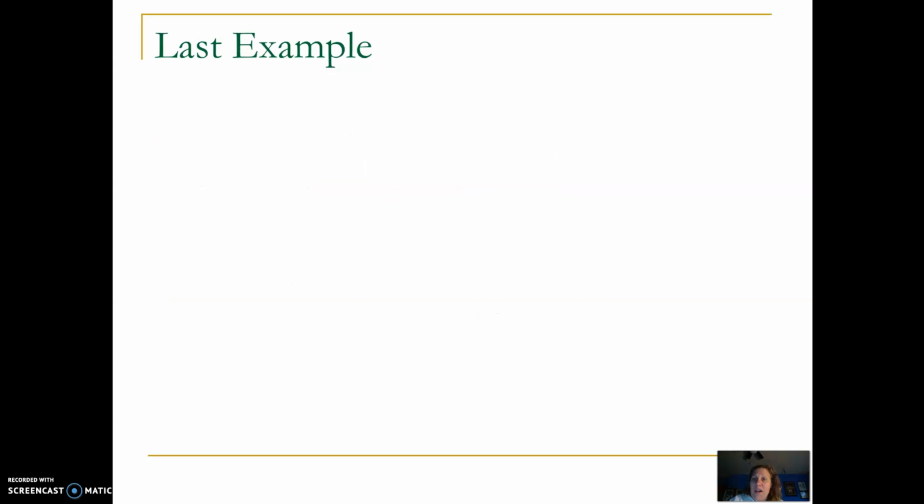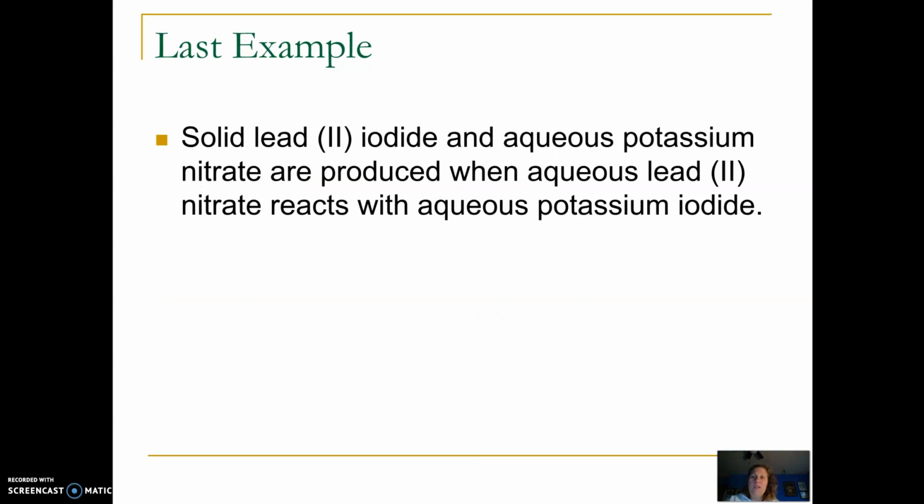I've got another practice, and the only reason I stuck this in here is because it's a reading thing. It says solid lead iodide and aqueous potassium nitrate are produced when aqueous lead nitrate reacts with aqueous potassium iodide.